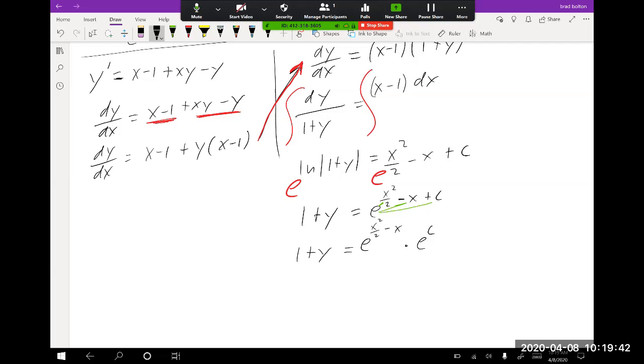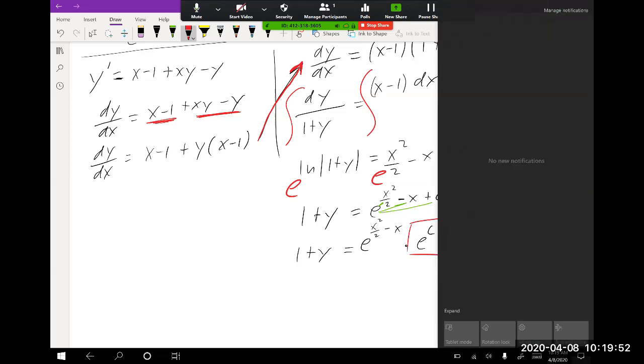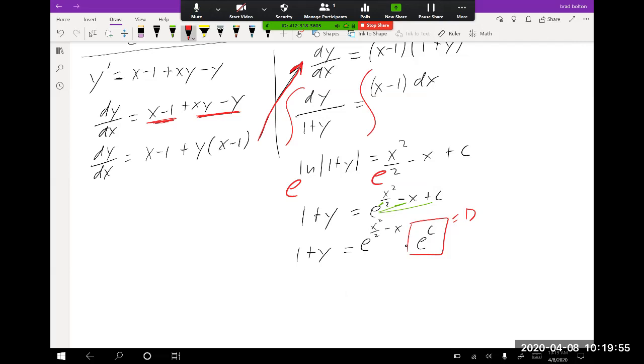So this allows me to have this guy right here as a constant. What's c? Some constant. So what's e to the c? Some new constant. Let's call it d.